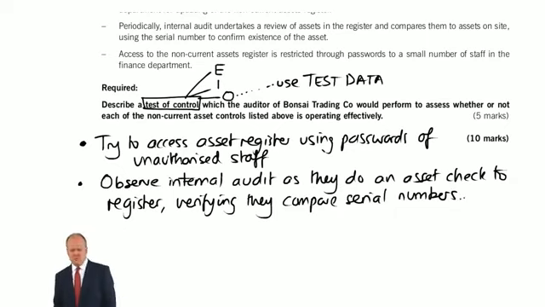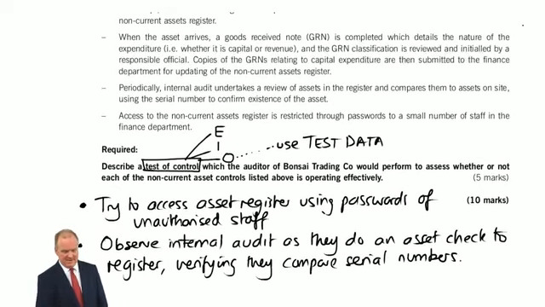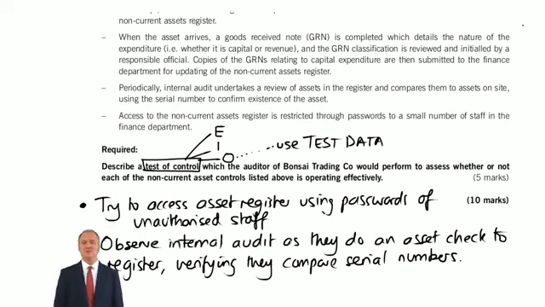Now, is it me, or is this easy? Yes, if you've worked out what a test of control is, because otherwise you could go off down a whole different direction. Does it carry on being easy? When the asset arrives, a GRN is completed, which details the nature of the expenditure, and the GRN classification is reviewed and initialed by a responsible official. Inspect GRNs to verify that that signature is present.